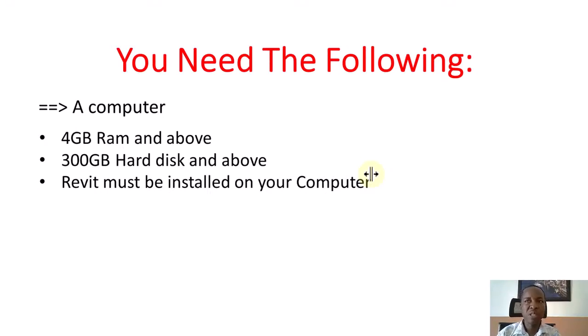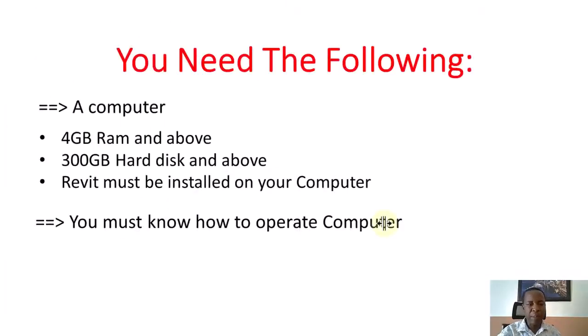Another important thing you need to have to be able to learn Revit successfully is you must know how to operate a computer. At least you should be able to boot your computer, you should be able to shut down your computer, you should be able to type a few things on the keyboard, hold your mouse, and be able to move your mouse.